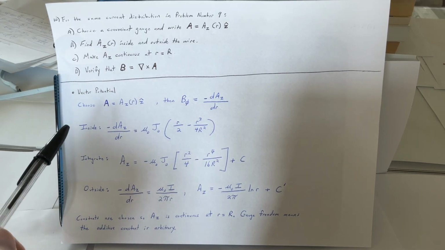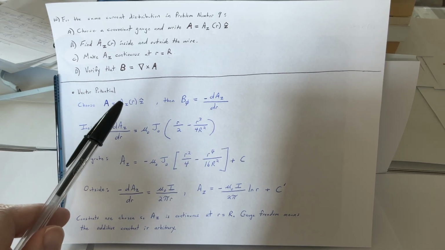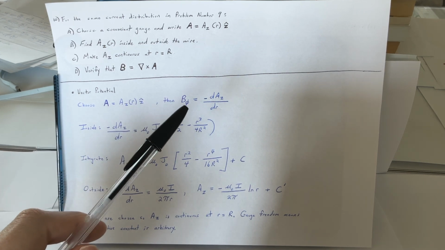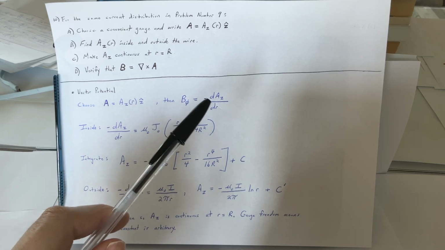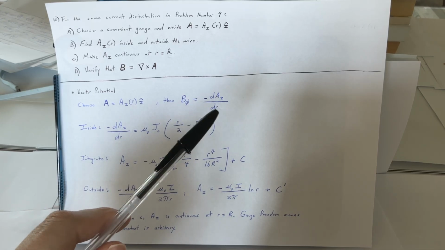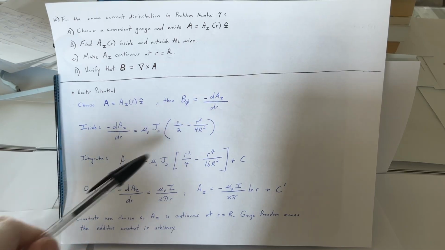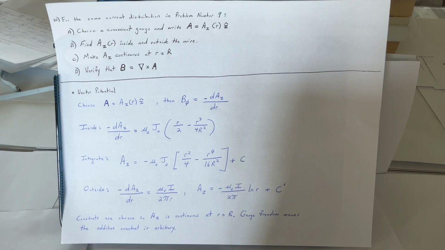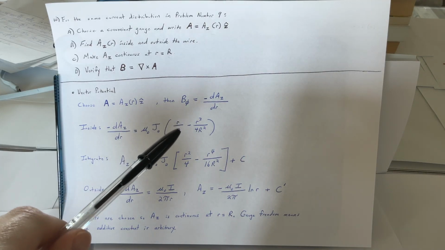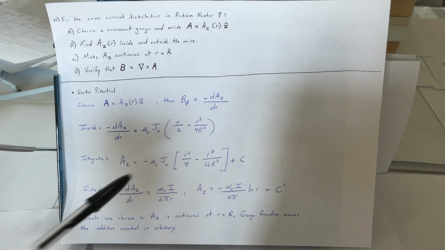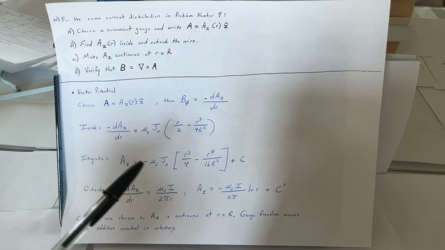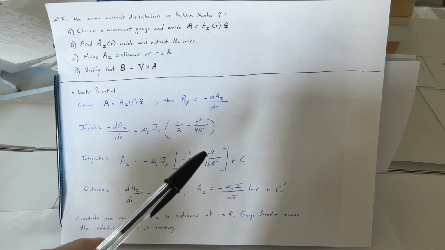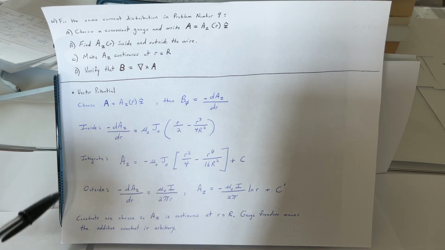So, vector potential problem. Choose A equals A sub z of r z hat. Then B sub phi equals negative d A sub z dr. Inside, negative d A sub z dr equals mu naught J naught times r over 2 minus r cubed over 4 R squared. Integrating, A sub z equals negative mu naught J naught times the quantity r squared over 4 minus r fourth over 16 R squared, plus c.